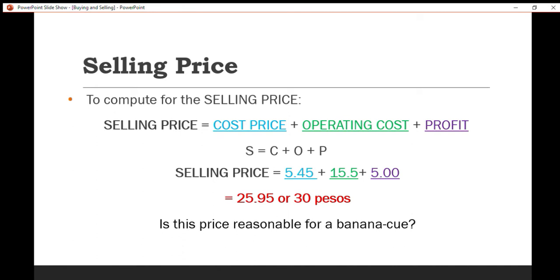So let's say hindi nagbago yung cost price natin na 5 pesos and 45 cents. Pero nag-slash off naman tayo ng sobrang laki sa operating cost. Pag tinanggal natin yung mga other expenses such as rent, cook salary, and vendor salary, baka pumatak na lang ng 5 pesos yung ating operating cost.